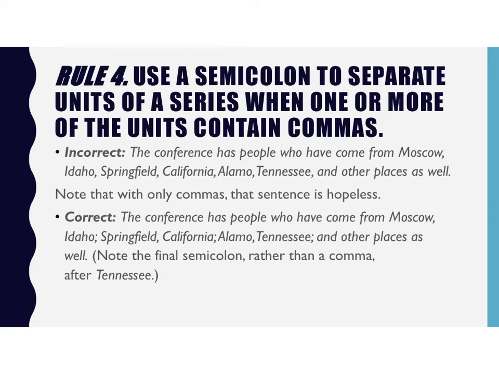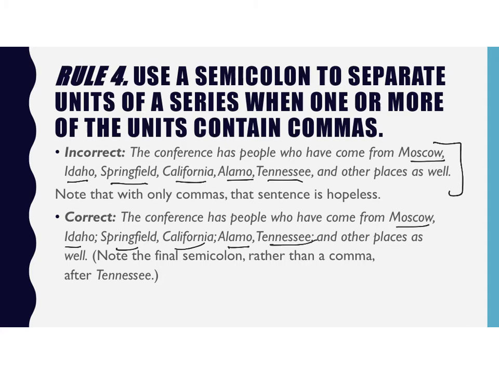The conference has people who have come from Moscow, Idaho, Springfield, California, Alamo, Tennessee, and other places. In this one, this reads like separate places, but it's not. It's Moscow, Idaho, Springfield, California, and Alamo, Tennessee.